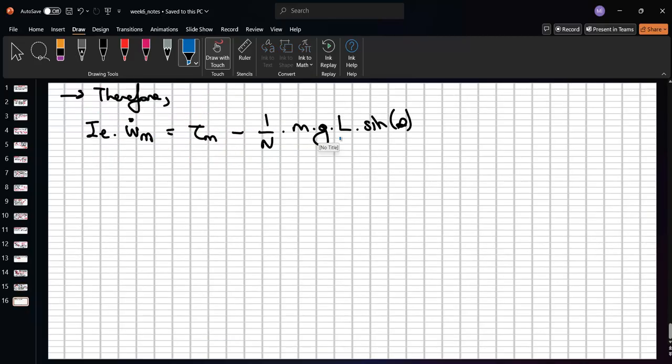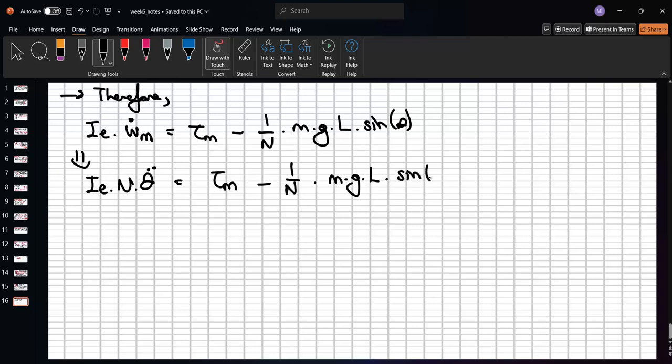This equation can be written as IE times n theta double dot, because if you know the Wm, we also know theta, since it is a rigid body. So it equals torque M minus 1 divided by n times mg L sin theta.